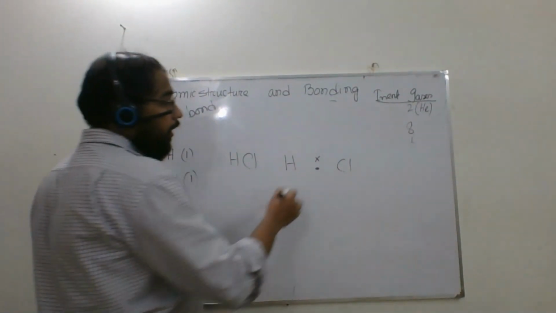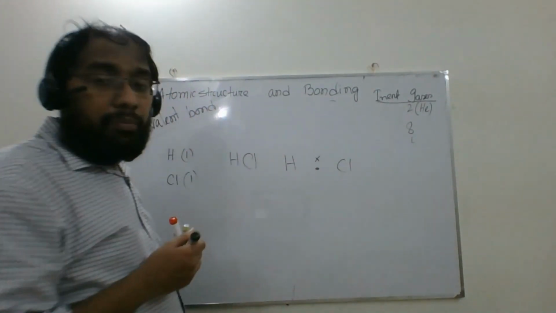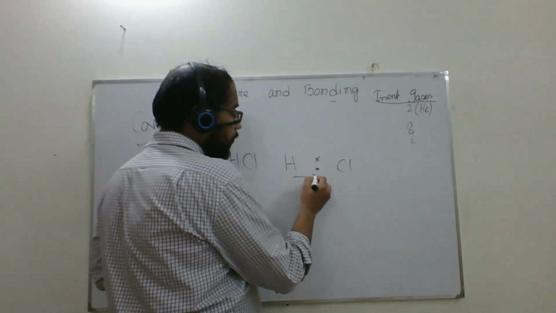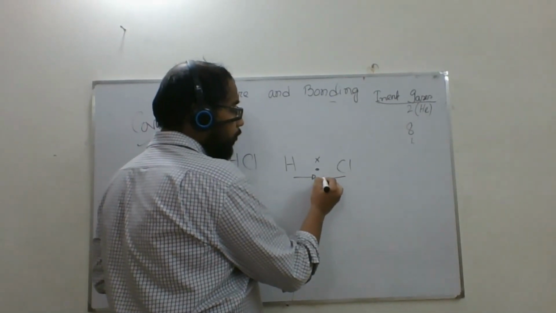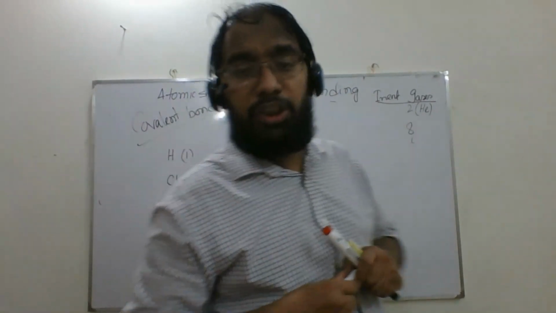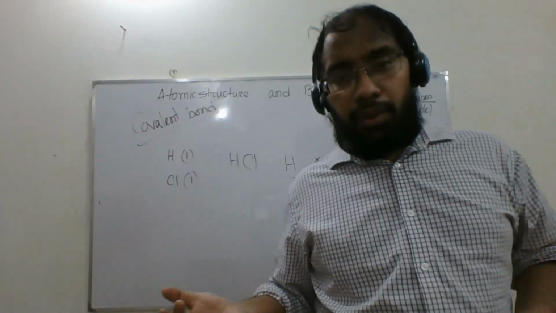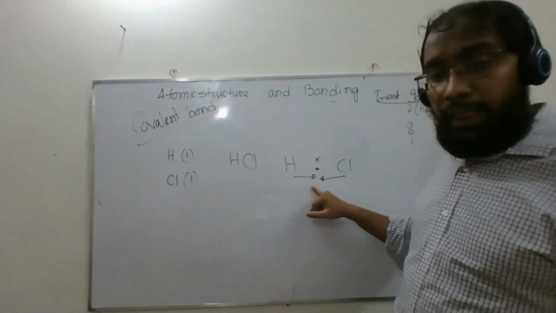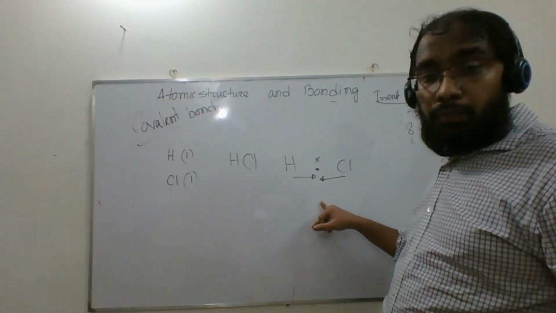Now this shared electron should be in between two nuclei. The distance from hydrogen and the distance from chlorine nucleus should be the same for the shared electron, because they are sharing. Okay, we go for sharing with equal contribution, then it should be in the center position.